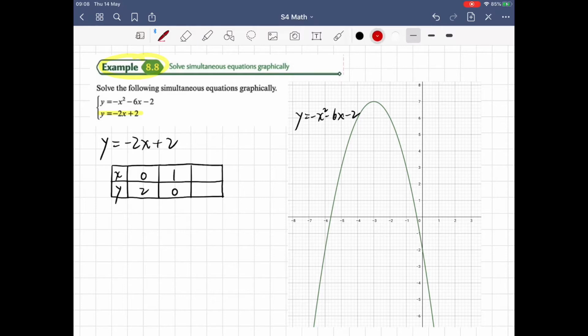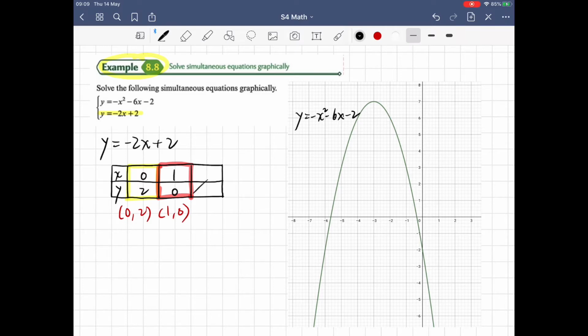Okay, so now we have two coordinates. They are (0, 2) and (1, 0). Okay, so that means two coordinates or 2 points are already enough for us to draw a straight line.